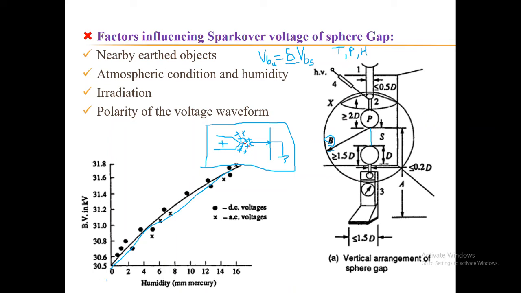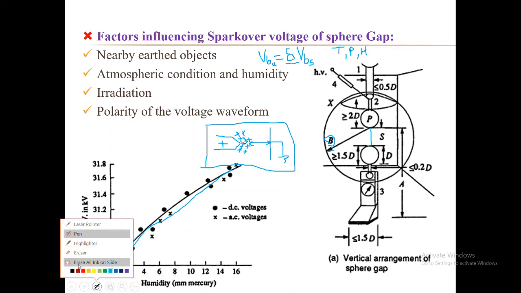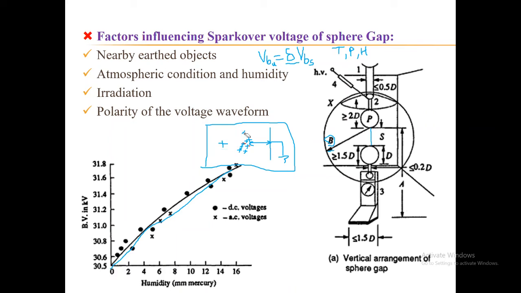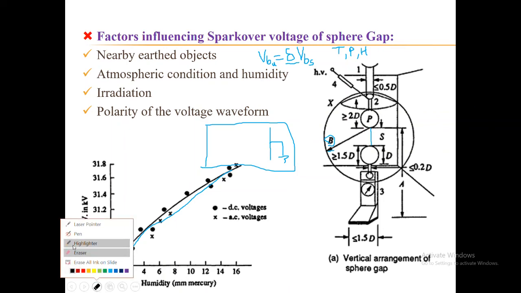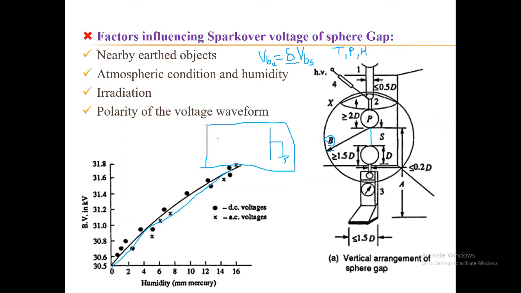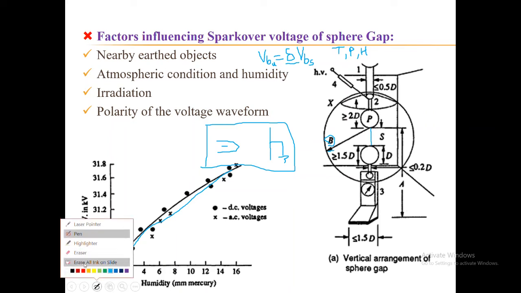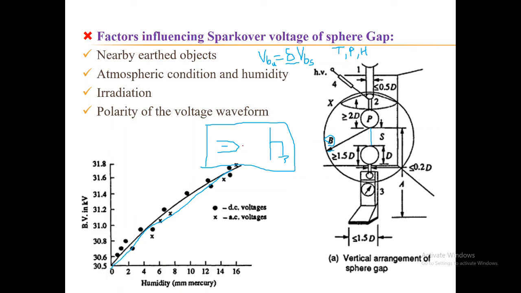Whereas if I give the negative supply, let us assume the point electrode is now subjected to negative stress. When we give the voltage, electrons are always injected.